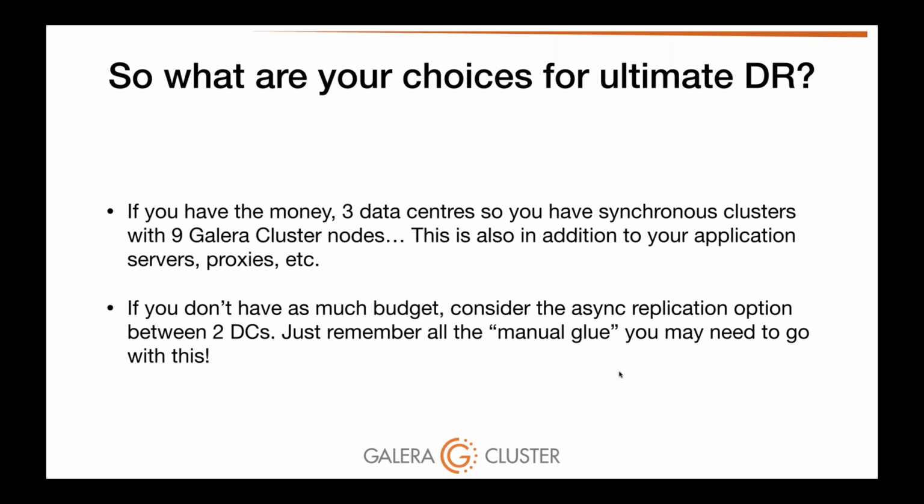You're going to have to do a lot of these things manually, and otherwise someone's going to get pinged via a pager of some sort. So I am always of the belief that what you could probably do is the 3-node Galera cluster, but 3 nodes across 3 data centers. But if you can't afford it, then obviously that's fine too.